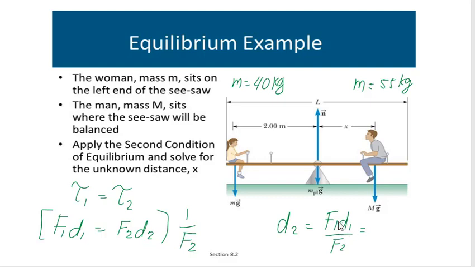Then let's just substitute. Since the given is mass, we still have to multiply it by acceleration due to gravity. So the mass is 40 times 9.8, and the distance here is 2 meters. So let's just use 2, no need to convert. Then divided by the force, which is 55 multiplied by 9.8. Okay, so let's solve.